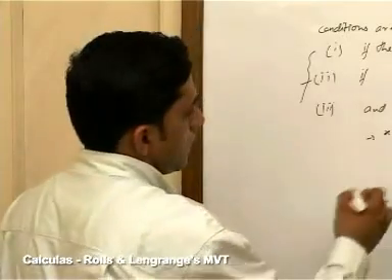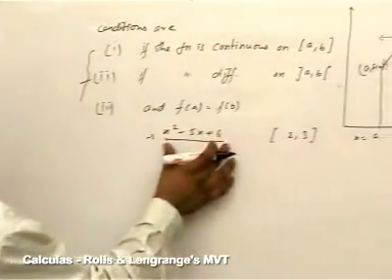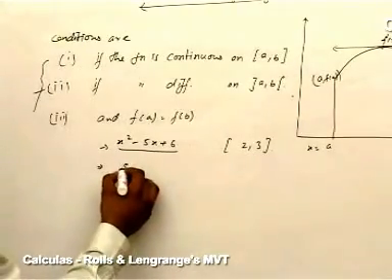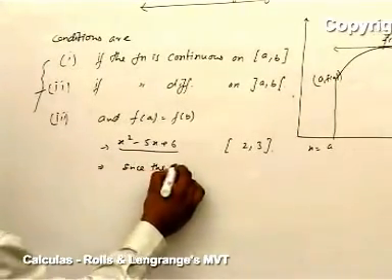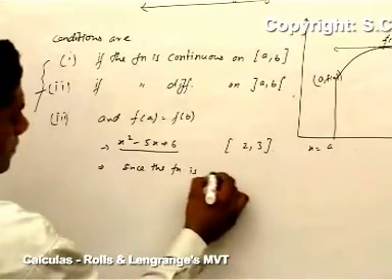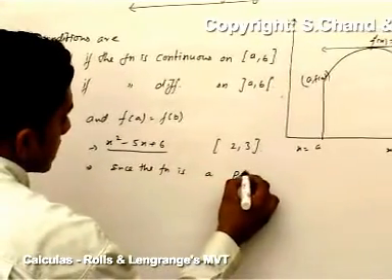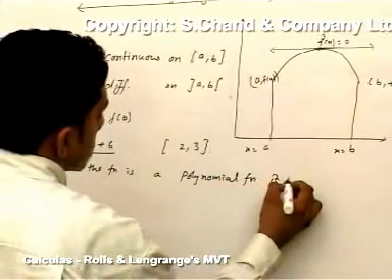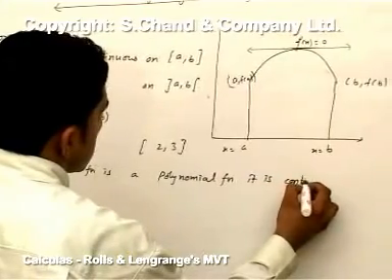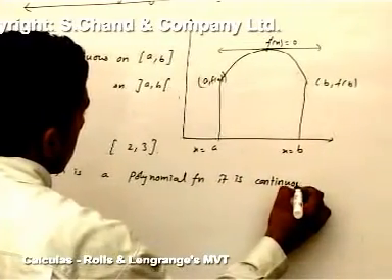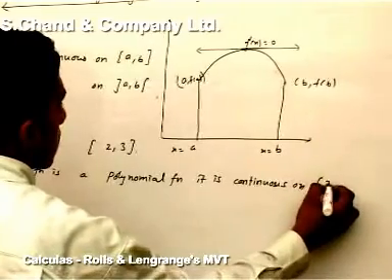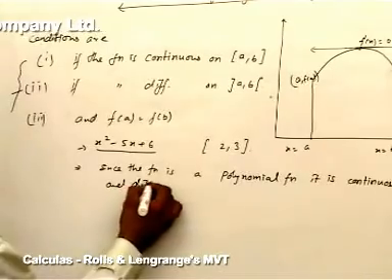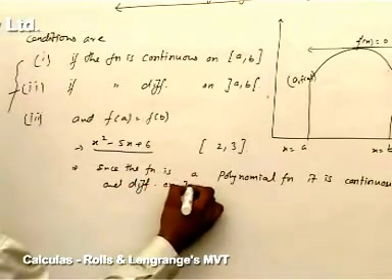Now let us apply Rolle's theorem on this particular example. Since the function is a polynomial function, it is continuous on 2, 3 and differentiable on 2, 3.